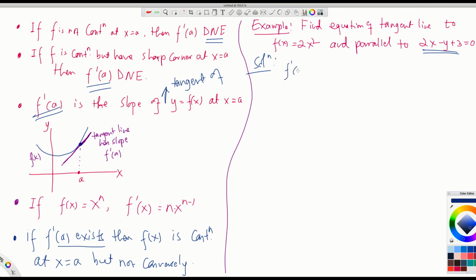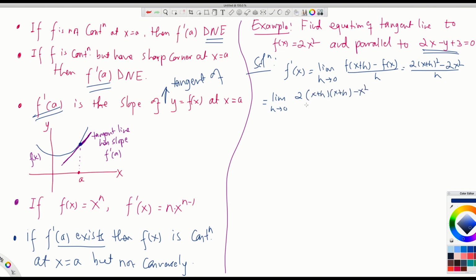So f prime of x equals the limit as h tends to 0 of f(x plus h) minus f(x), over h. Let me simplify that. It is 2 times (x plus h) squared minus 2x squared, over h. Equals the limit as h tends to 0. What is (x plus h) squared? It is (x plus h) times (x plus h).